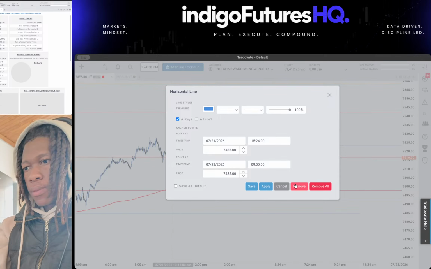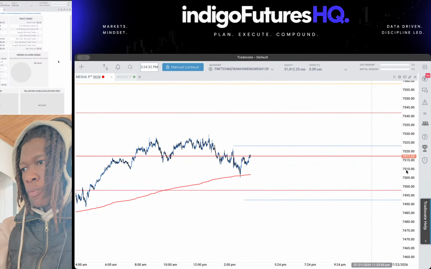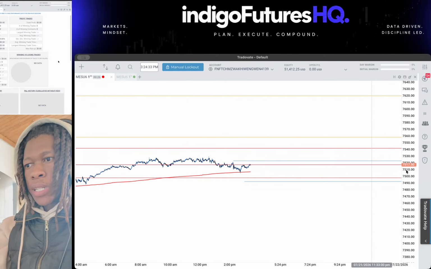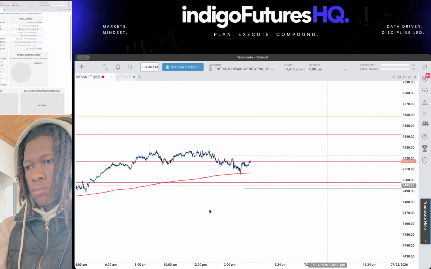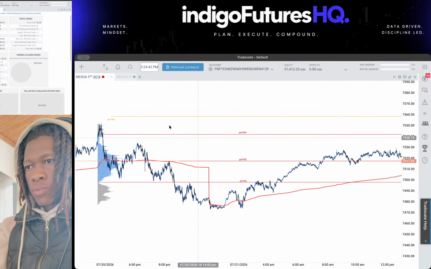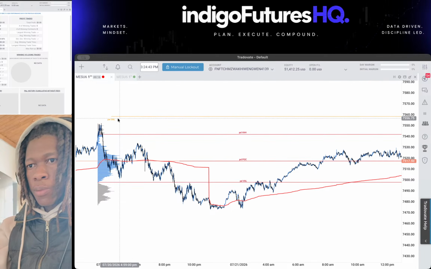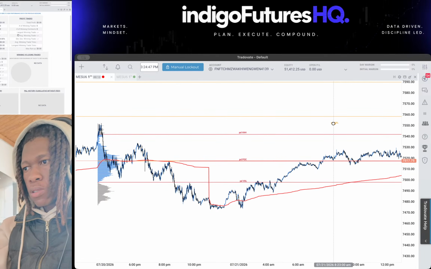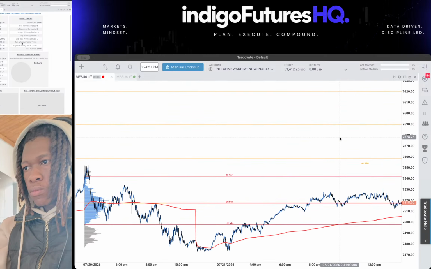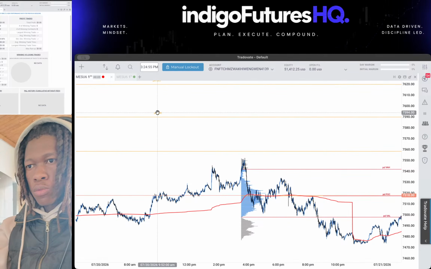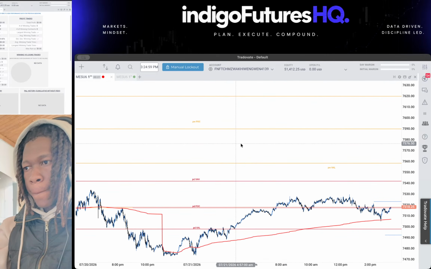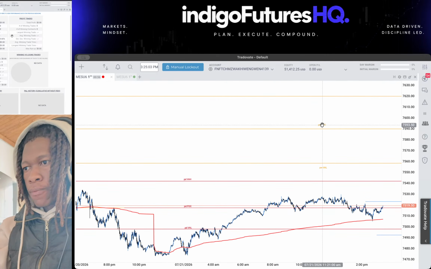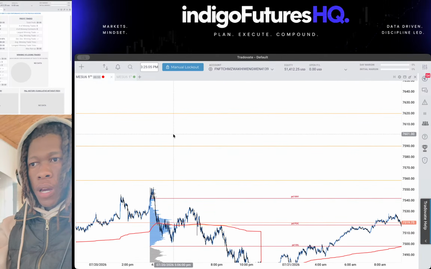I'm just gonna delete that because previous week levels are still above us as they were yesterday. Yeah, so this is our previous week value area low. Let's shift this closer. This is our previous week point of control. And our previous week value area high.